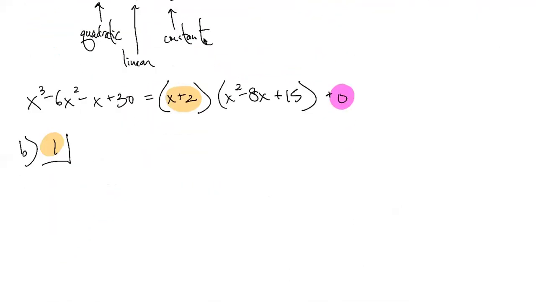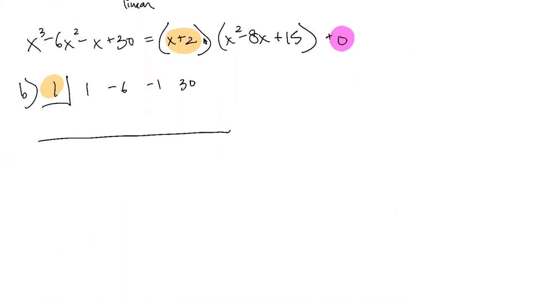Now, the coefficients should be the same. 1, -6, -1, and 30. We skip a line, we draw a line, and we do the same thing that we did for part A, just with a different number. So we drop the 1 down. We have 1 times 1, which gives me 1. We add, and that gives me -5.